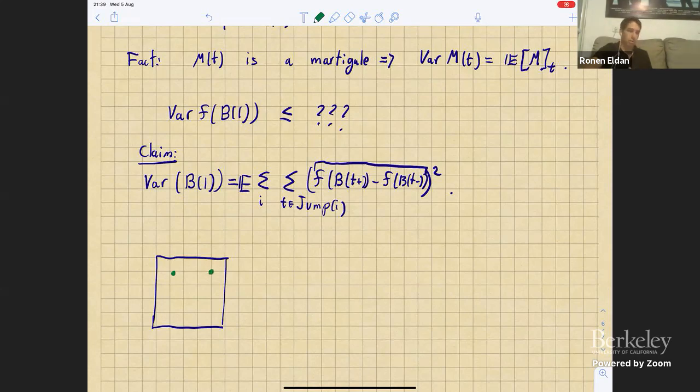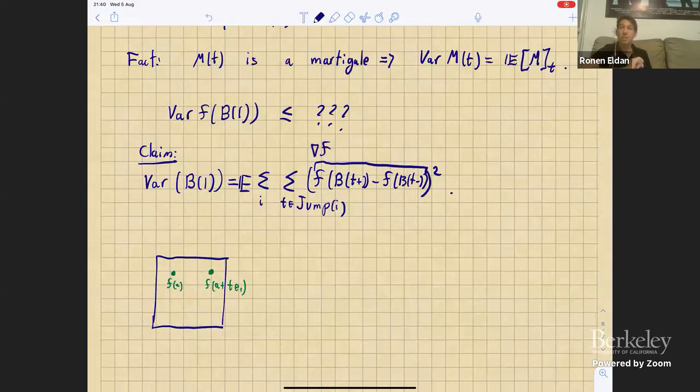Maybe it jumped in this horizontal coordinate. The difference between the value of f here and the value of f here is just, I can write it as, the gradient of f.